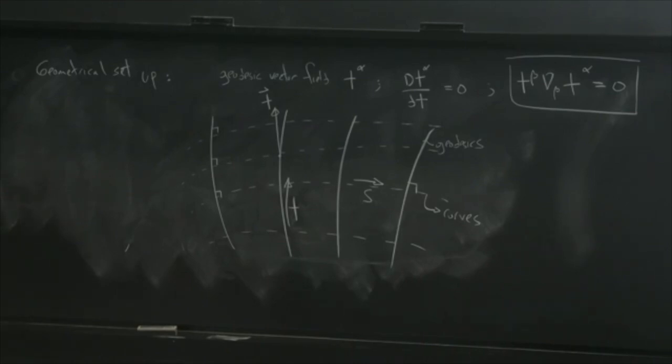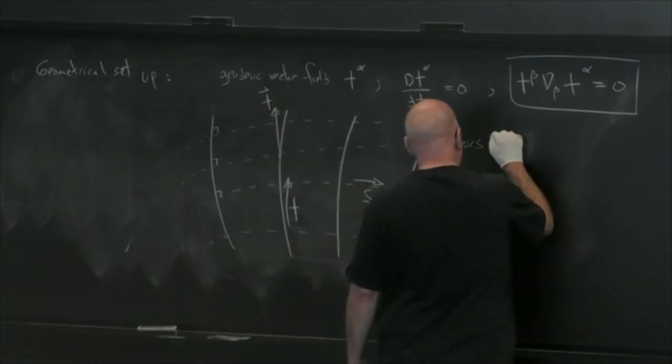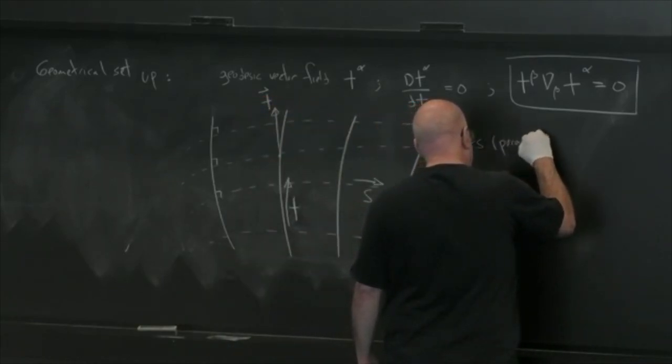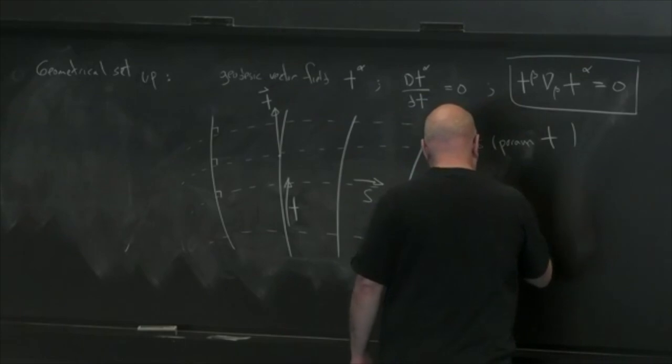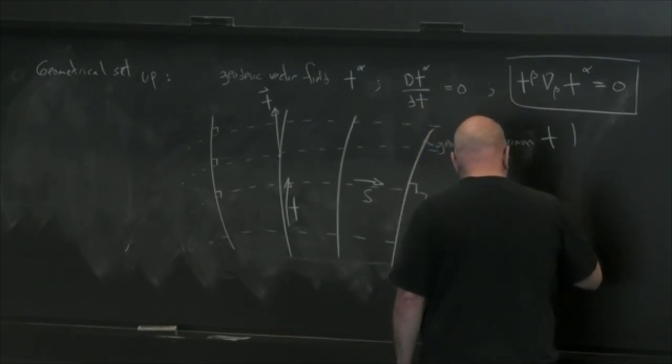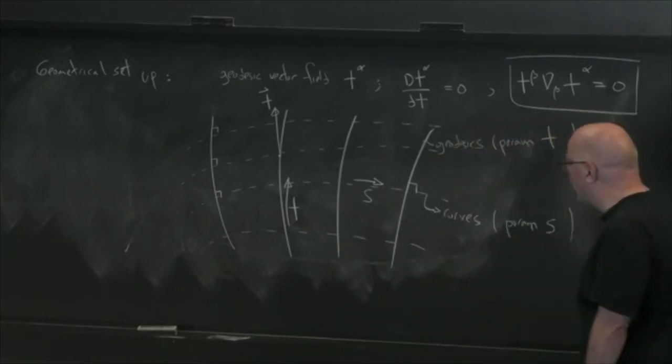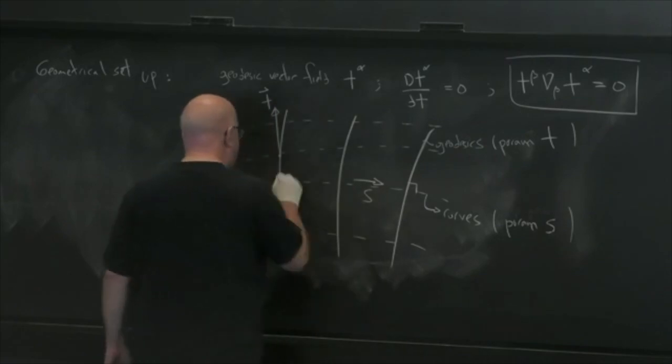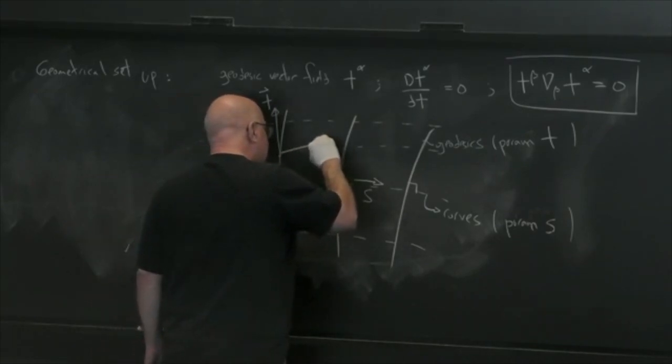I'm about to describe. All right, so we have the geodesics parameterized by t, and we have those cross curves parameterized by s. And then, because we have the curves, we also have the tangents to the curve.